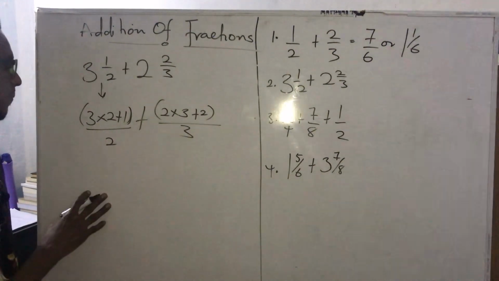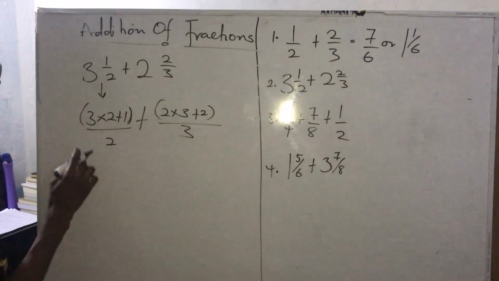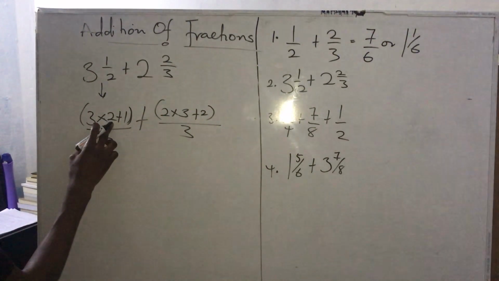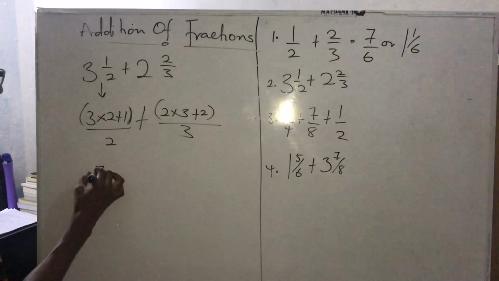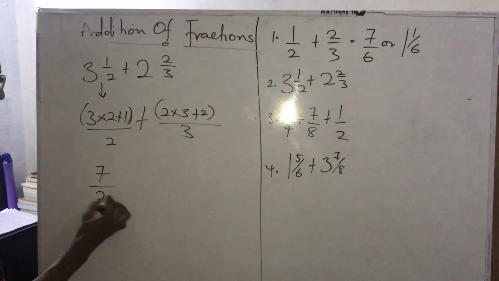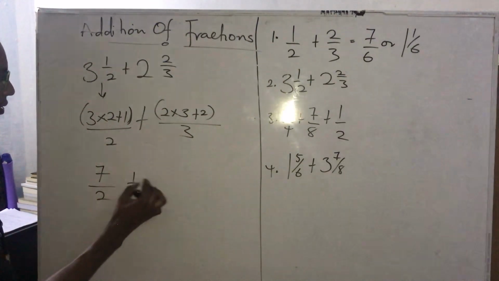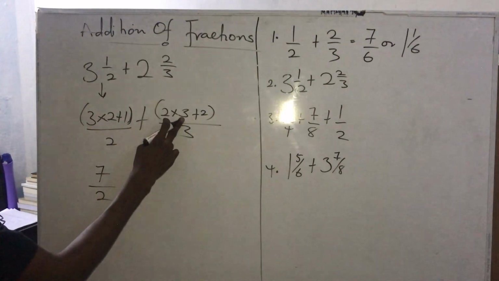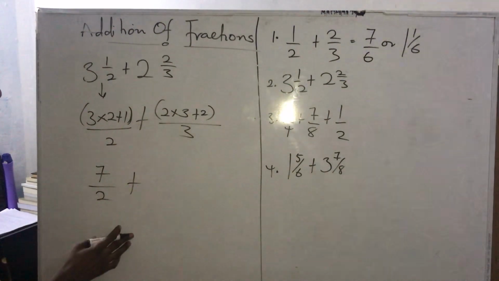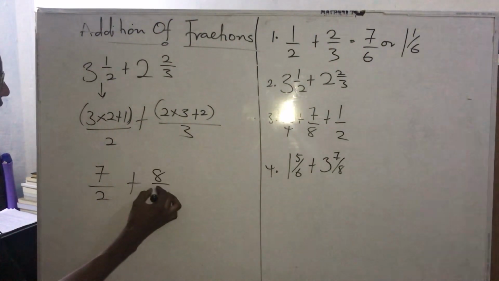So we have this. Now we have to simplify them. So 3 times 2 is 6 plus 1 is equal to 7. We repeat the denominator, which is 2, plus 2 times 3, we have 6 plus 2, 8. So we have 8 over 3.